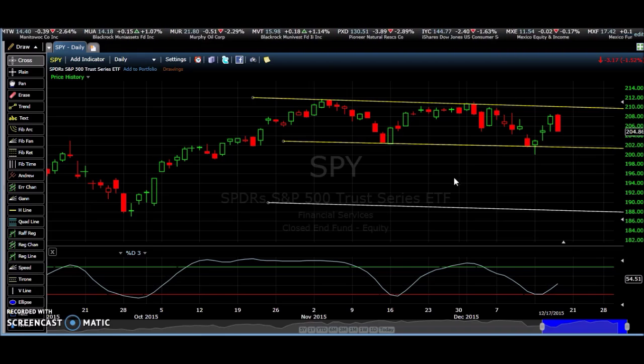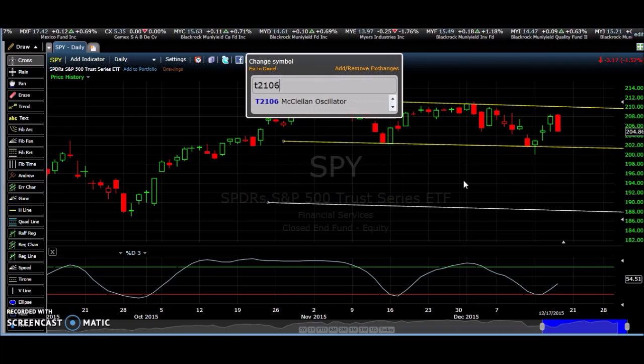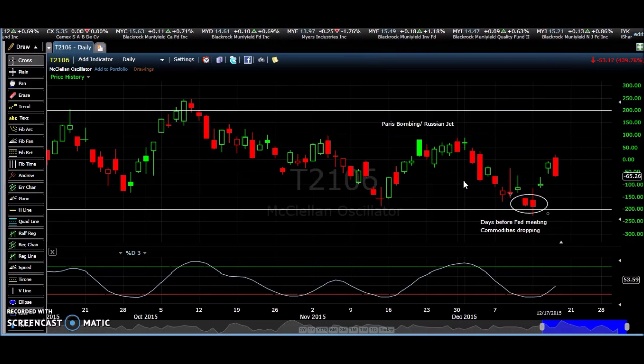The SPY ETF, or exchange traded fund, is much cheaper compared to trading contracts on the S&P 500 index. So it's just a cheaper way of doing it. But referencing the T2106, which is the McClellan Oscillator, you can see what time is the best time to be doing that.